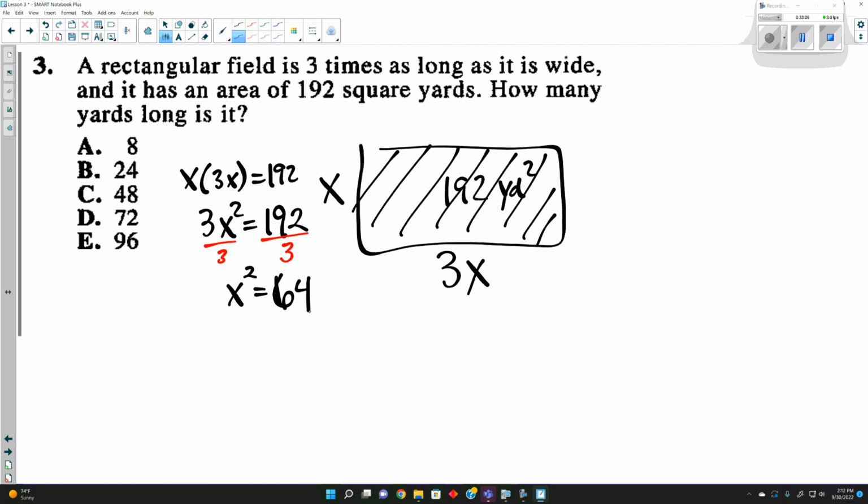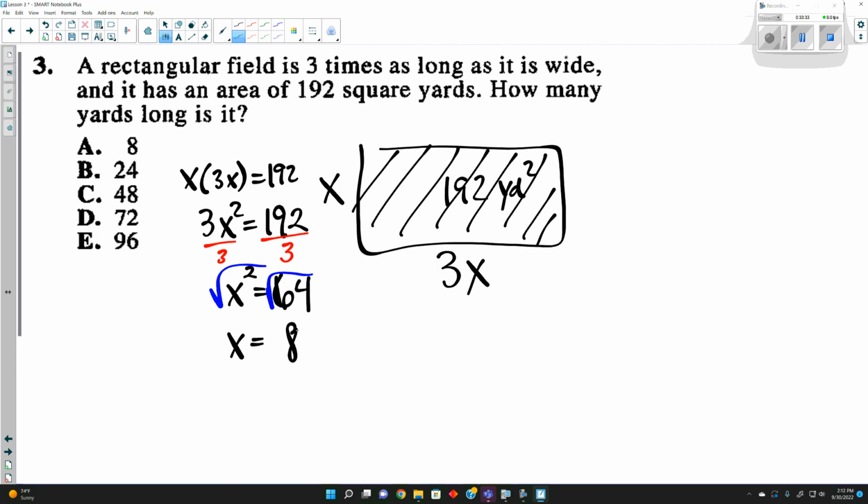And then we can square root both sides, telling us x is equal to positive or negative 8, but because we're talking about a distance, negative 8 would not work. Now, is x the length or the width?